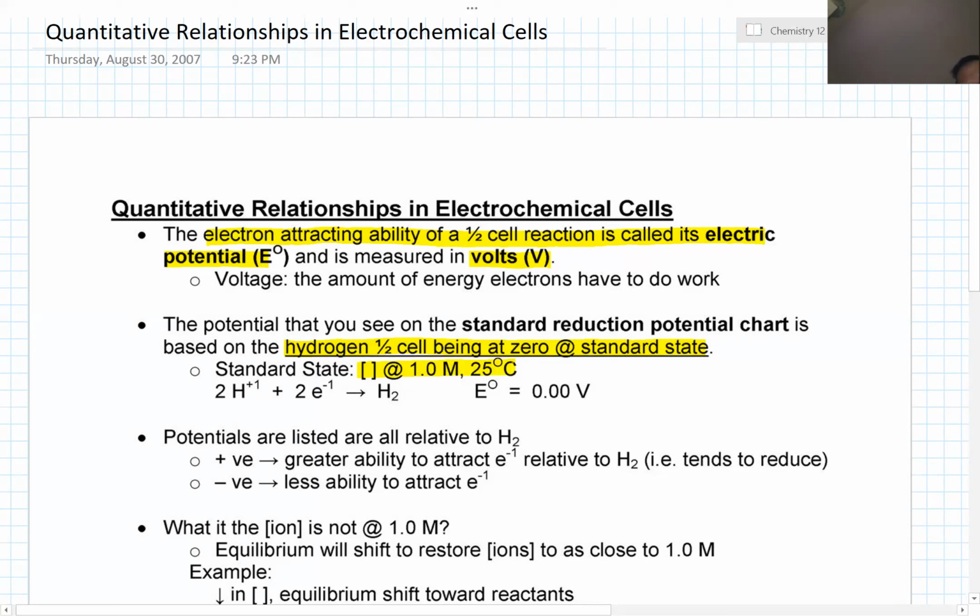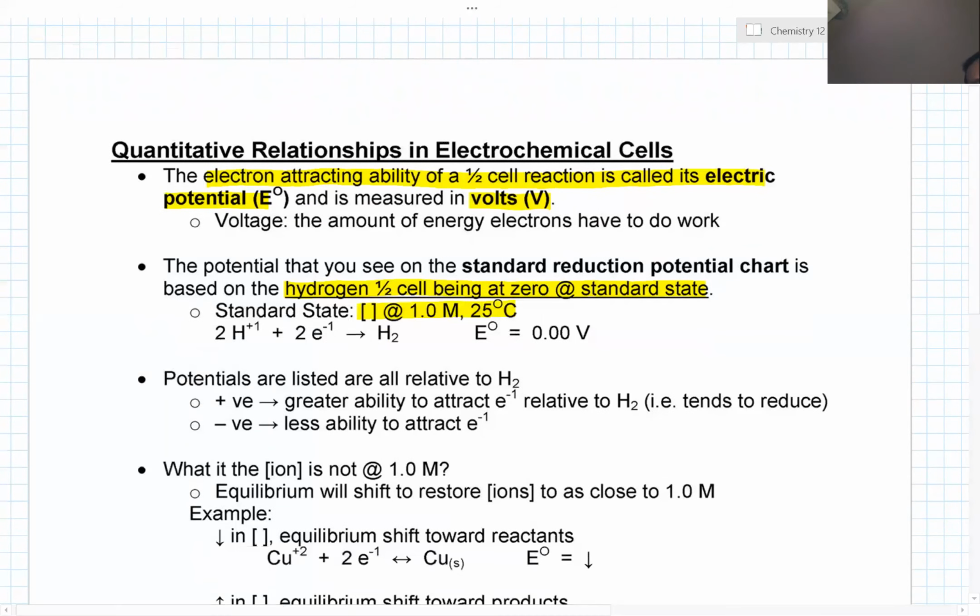Now what is the significance of hydrogen being 0? All the potentials that we see are relative to H2, relative to hydrogen. If we see a positive value, that means it has a greater ability to attract electrons relative to hydrogen.